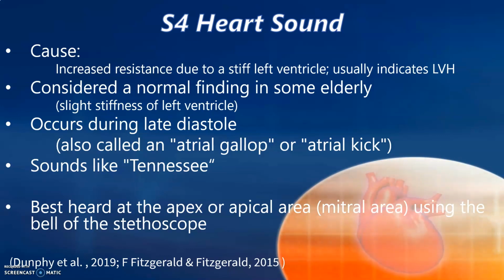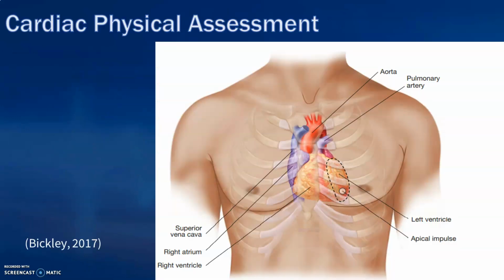It's also called the atrial gallop or the atrial kick. It will sound as if it's saying Tennessee. It's best heard at the apex or apical area, which is the mitral area, using the bell of the stethoscope. Now, we're going to be looking at where you place your stethoscope to hear certain sounds.